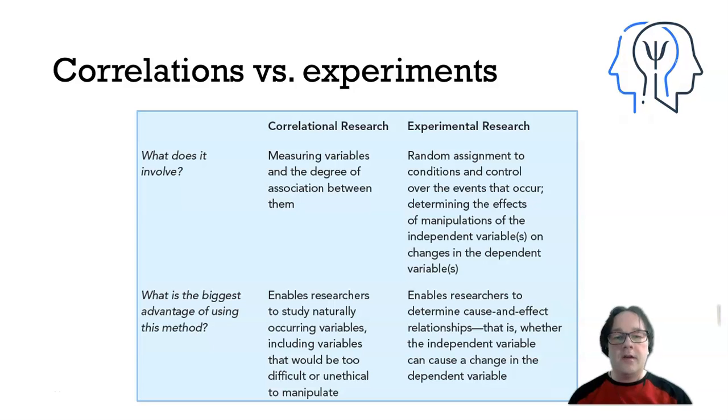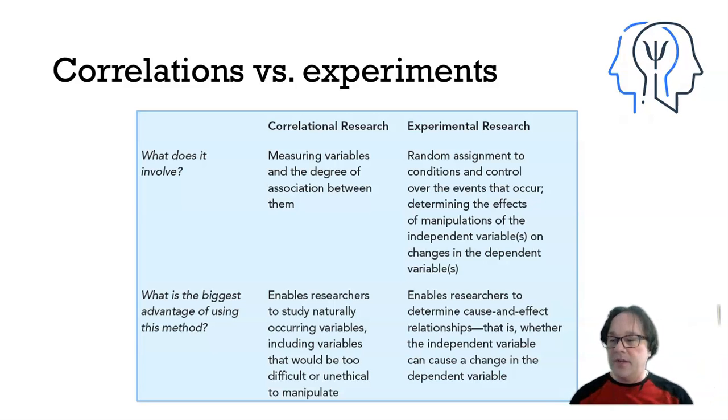Okay? So what is the biggest advantage of using experimental designs? Well, of course, this is the gold standard. It can determine cause and effect. With an experiment, we can say this variable causes that to happen, right?